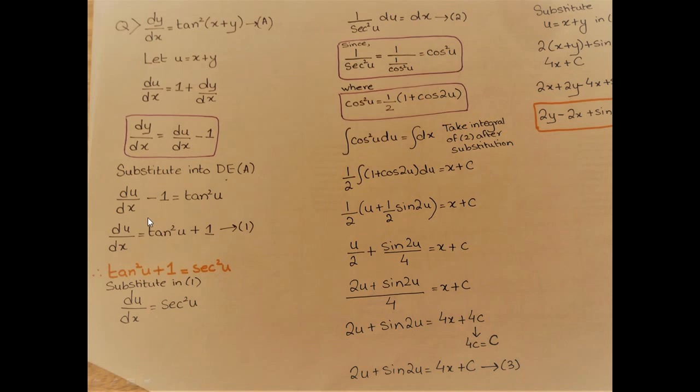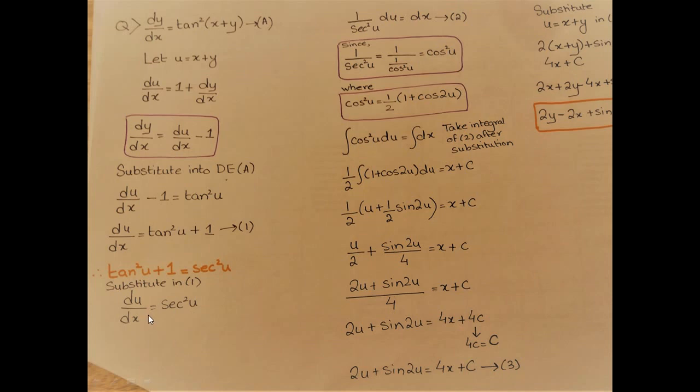Now just bring this minus 1 from here to here, and you will get tan square u plus 1. Now if you remember this identity we have, tan square u plus 1 is equal to secant square u. We will substitute this secant square u in the above equation to simplify this equation further.